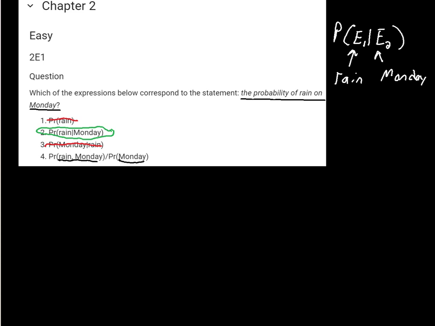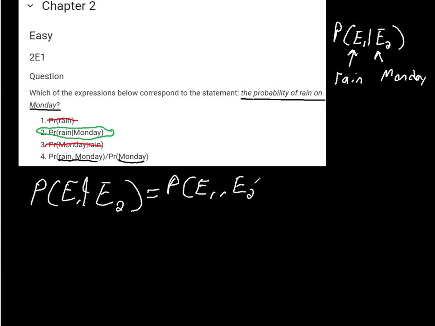Okay, so it turns out that when we are writing a conditional probability, again going back to what we had before, the probability of E1 given E2, one of the formulas for this is the joint probability of E1 and E2 divided by the probability of the second event there.